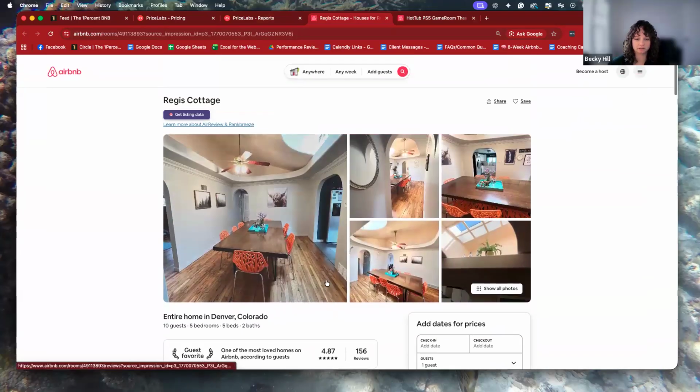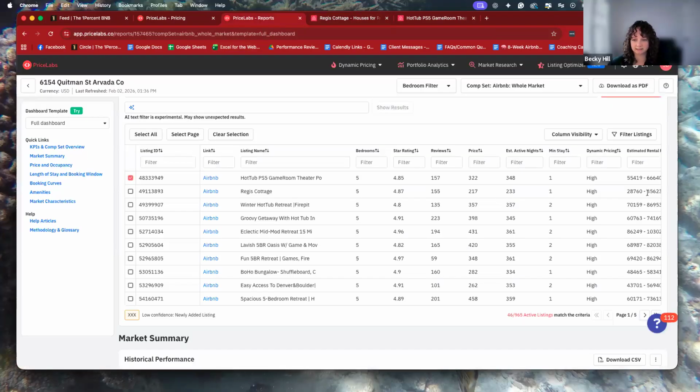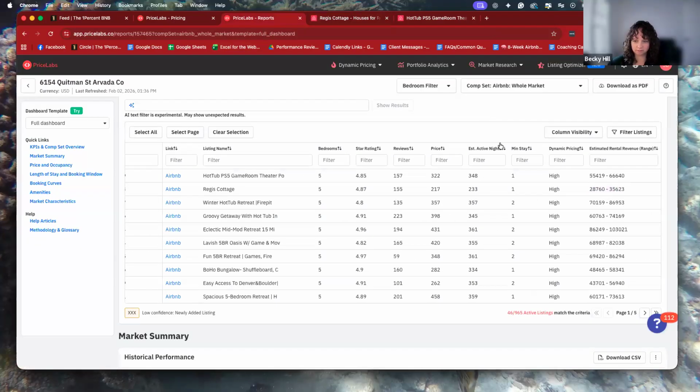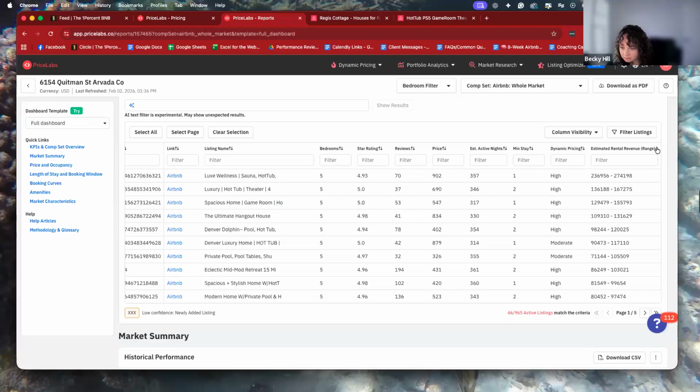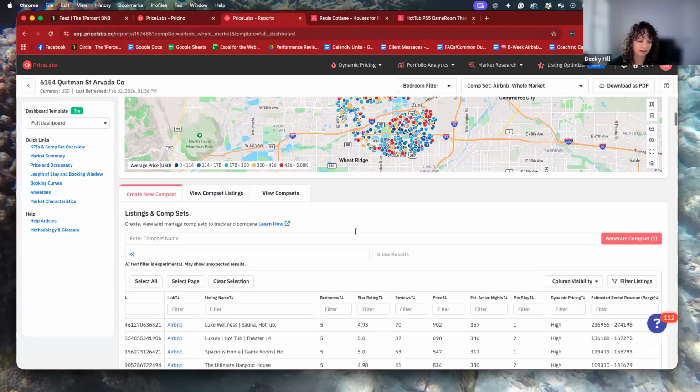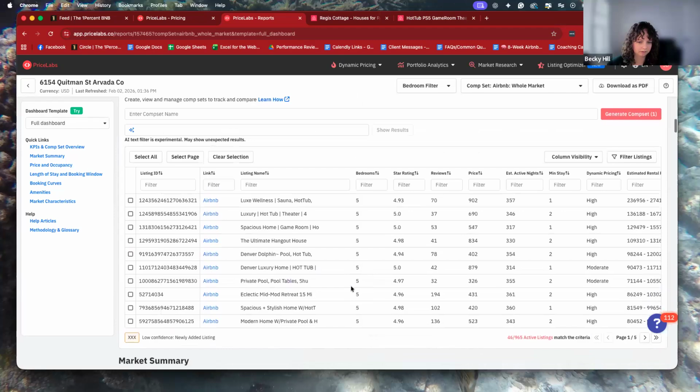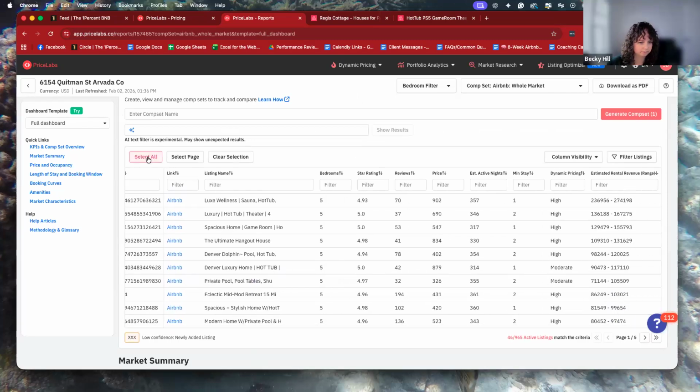This property to me already looks suspicious. The fact that it says it's making one of the higher ends of the revenue. Wait, it's not right anymore. Oh, I had it totally backwards. Okay, now we're looking at the right revenue. So I have to unmark the other one.